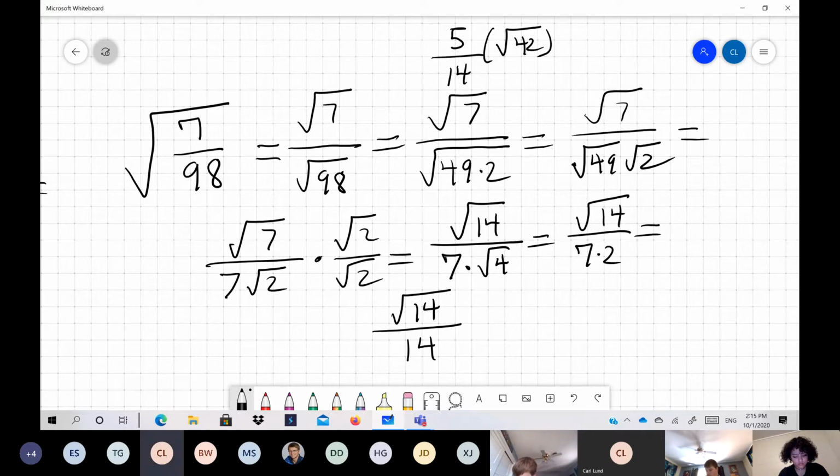And 14, again, doesn't have a perfect square as a factor, so we can't simplify that any. This becomes our final answer. The square root of 7/98 is the same as the square root of 14 over 14.